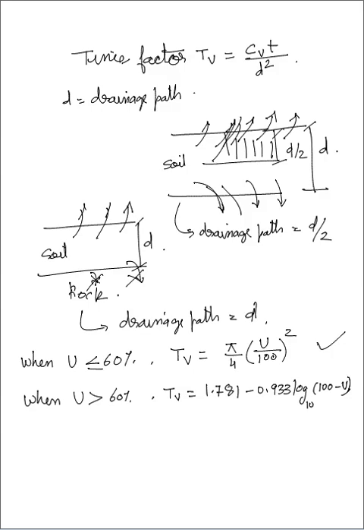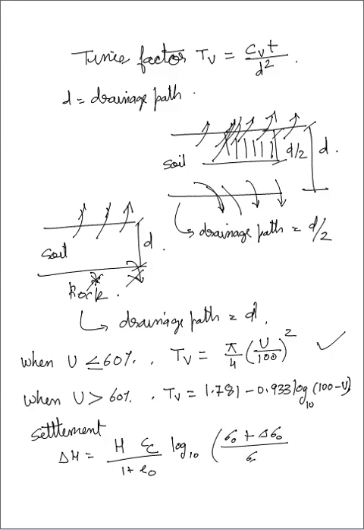Now the next part is regarding settlement, because in consolidation ultimately we have to find the settlement, that is delta H. The formula is H Cc upon 1 plus E0 times log of (sigma 0 plus delta sigma 0) upon sigma 0.